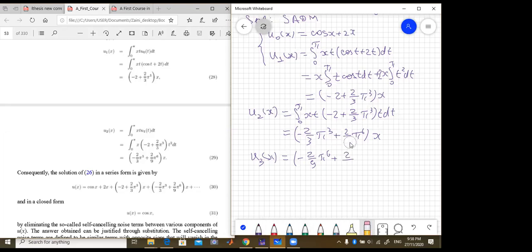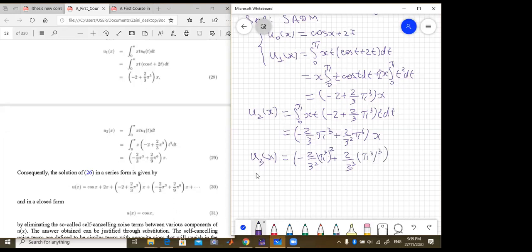If I want to write, so here I should put 3 square, okay? 3 square. Then here 3 cube. So this one pi cube to the power 2. So now here pi cube power 3.